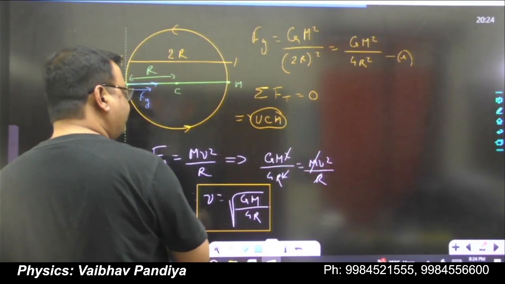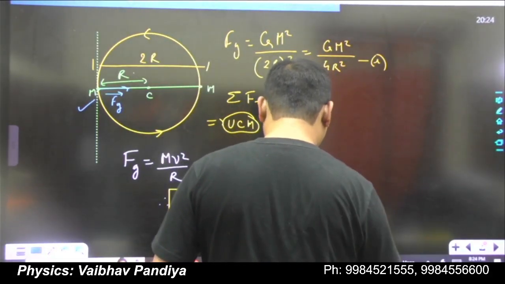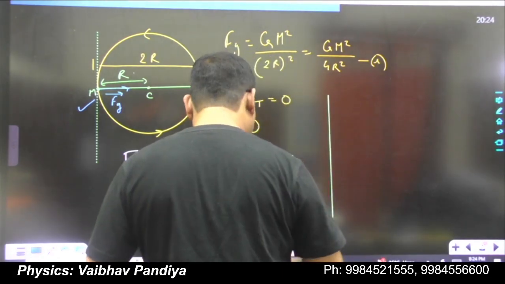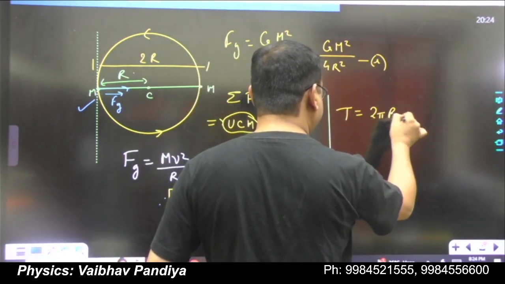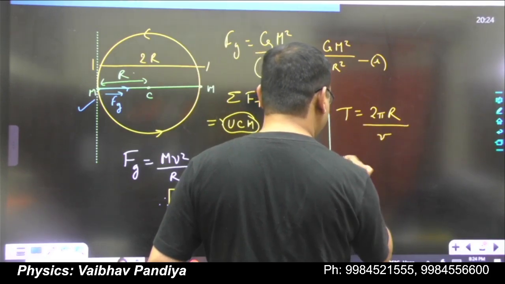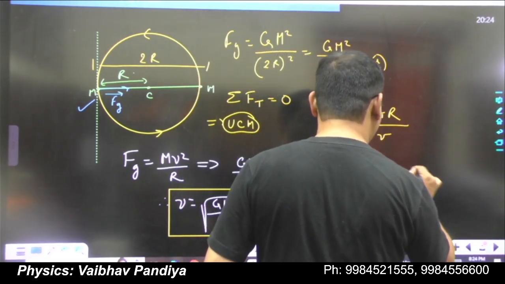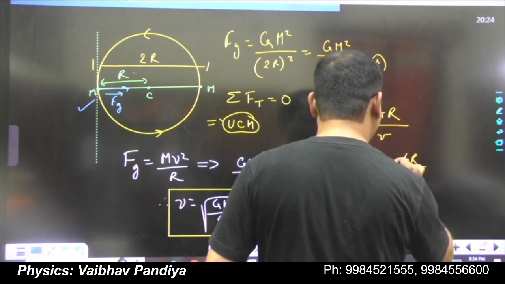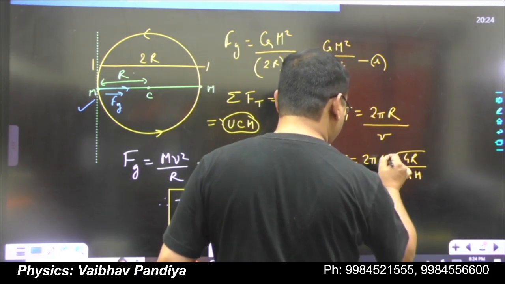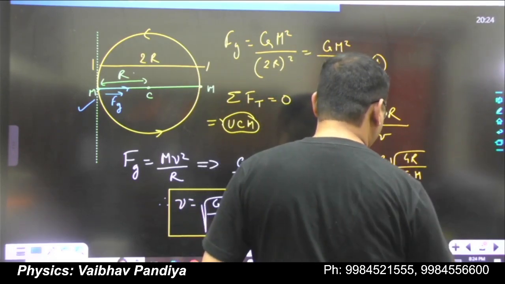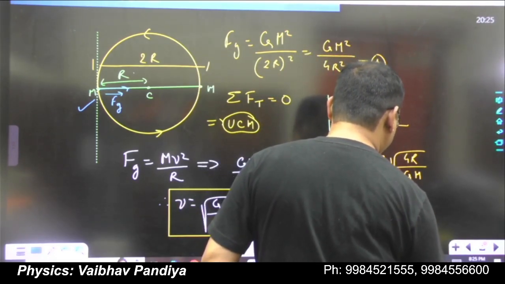Now since the motion is UCM, you can apply the formula for the time period, correct? The time period would be the circumference 2 pi r divided by the speed. So the time period will be 2 pi r divided by the square root of Gm by 4r. So you can write T as 2 pi and take r inside the radical. It will be r square, and r is already there, so we will get the square root of 4r cube divided by Gm.